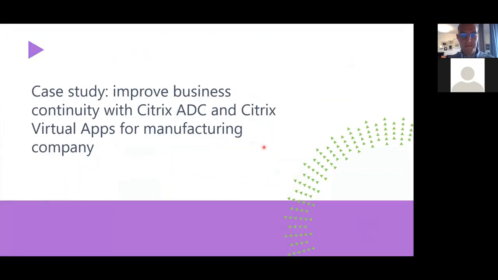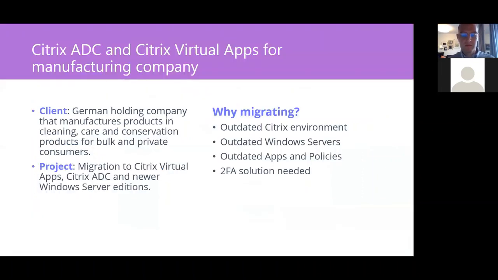Now we'll see how all the information previously presented was applied in one of our recent Citrix implementations. We did a migration to Citrix Virtual Apps, Citrix ADC, and a newer Windows Server edition for a German holding company.